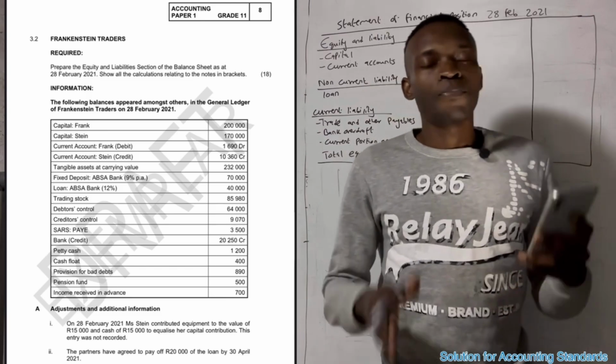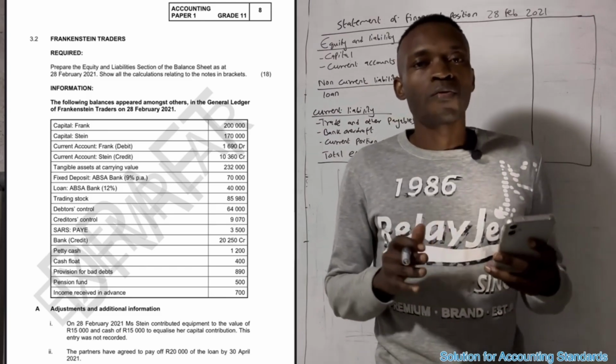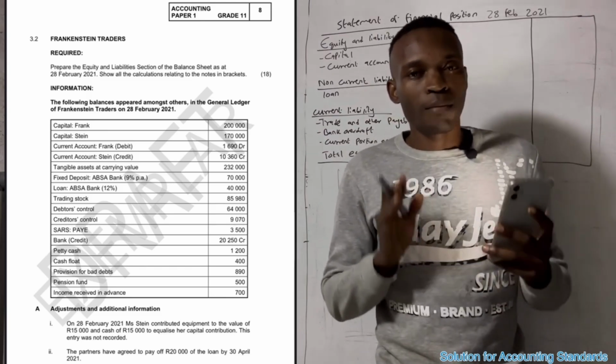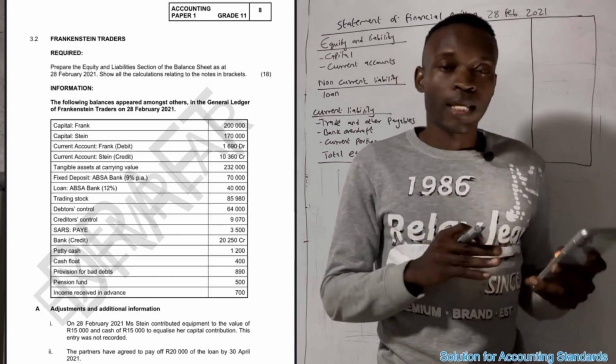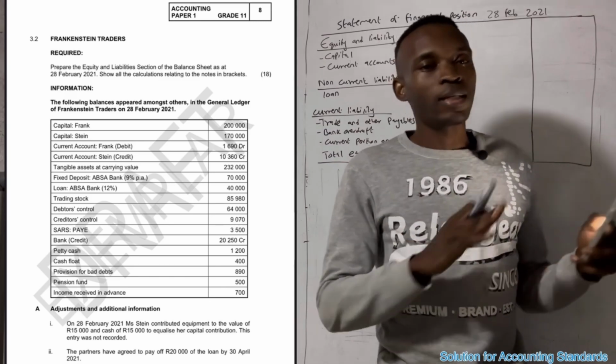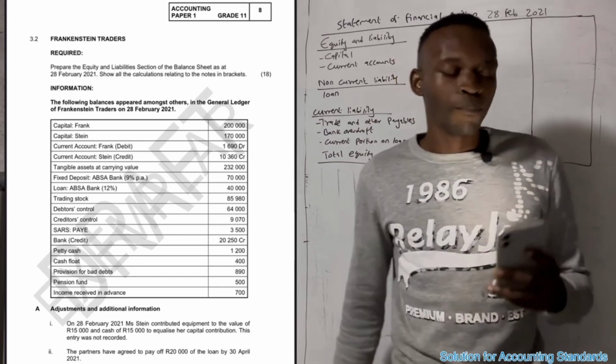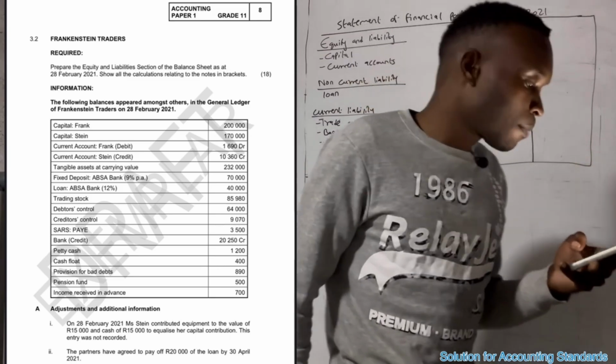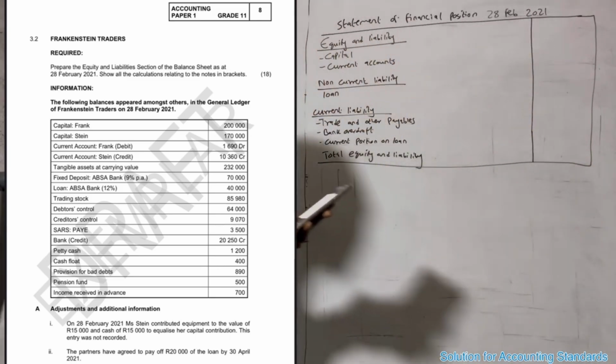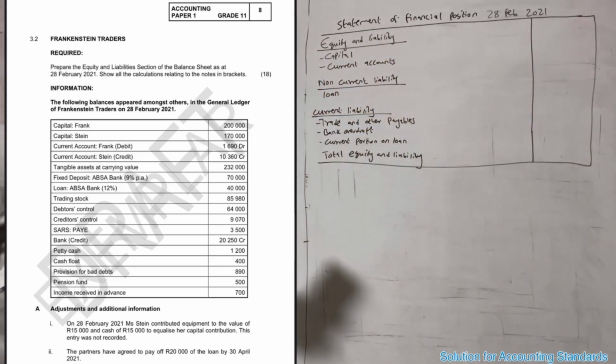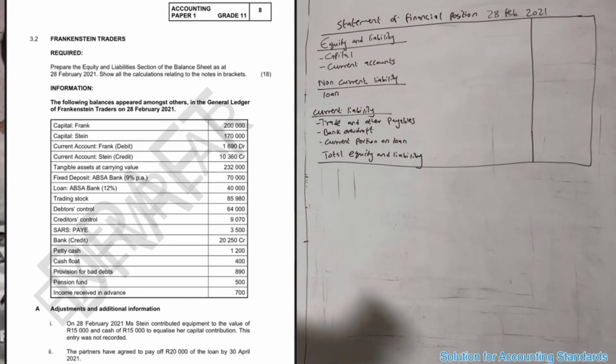Because whatever you contribute for the purpose of starting a business is called capital, whether it's equipment, a vehicle, or land. So 15 plus 15 is 30,000. Number 2: the partners have agreed to pay off 20,000 of the loan by 30 April 2021.